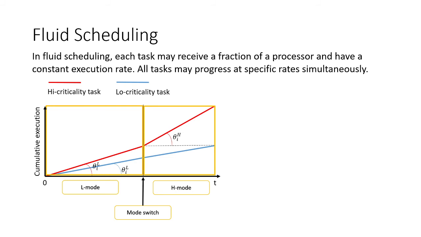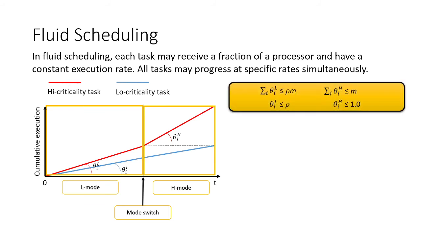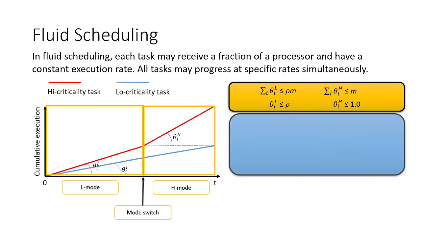To make the fluid scheduling feasible, it is required that the summation of the rates of all tasks does not exceed the platform capacity, and also that the rate of each individual task does not exceed the speed of an individual processor. So we give our settings of execution rates for satisfying those requirements.